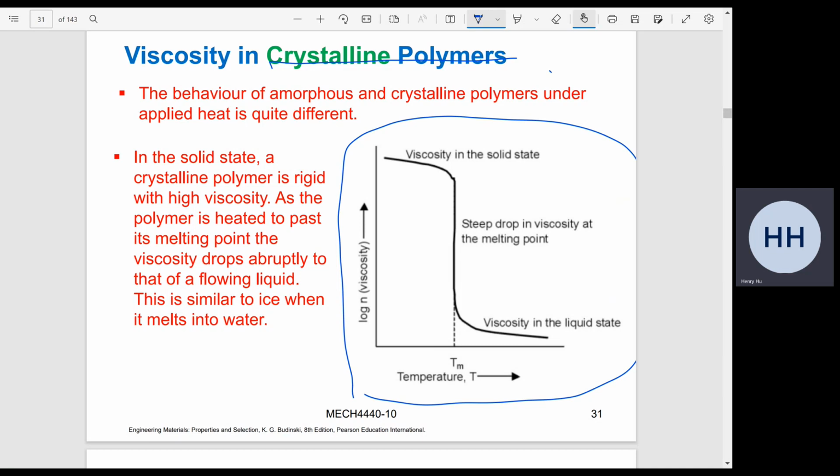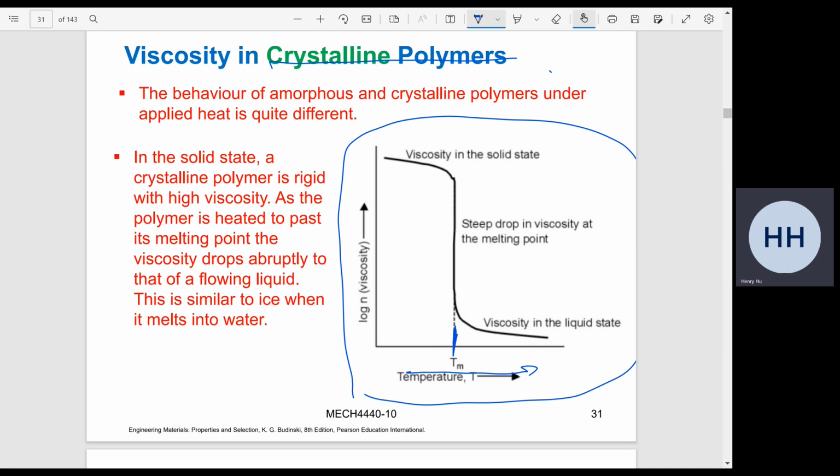Okay. So if you increase the temperature, if you look at the horizontal axis, once you pass the melting temperature of the crystalline polymer, the viscosity will drop significantly. You have a big drop at the melting point.